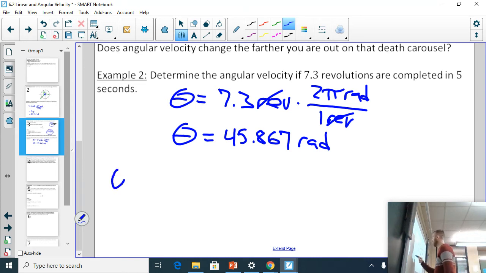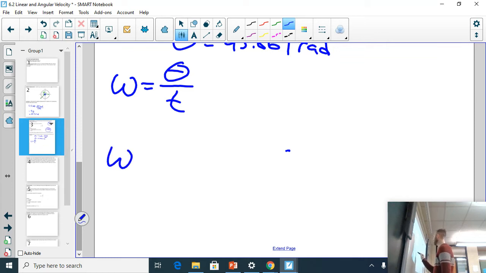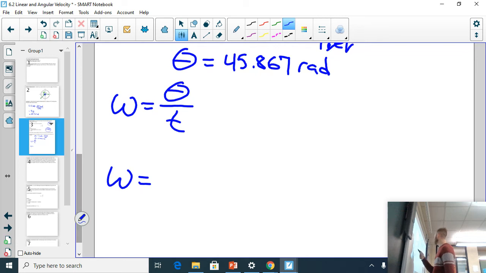And then omega, the angular velocity, is theta divided by time. Well, it just told us that omega equals, and then we just found that theta to be 45.867 radians.